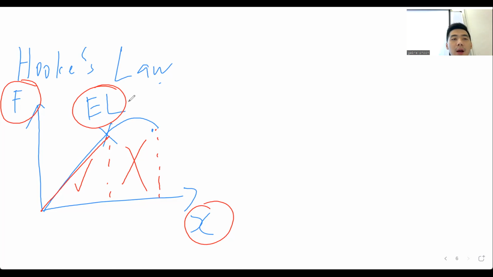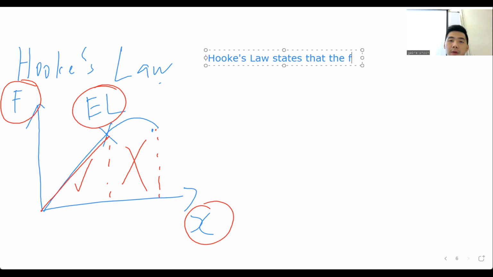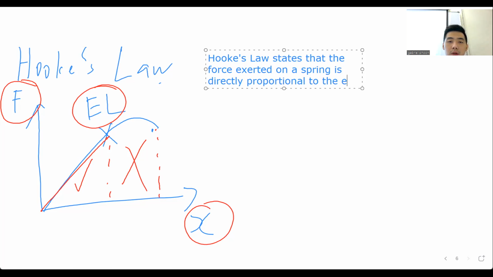So from here, I can start my statement: Hooke's law states that the force exerted on the spring is directly proportional to the extension, provided it does not exceed the elastic limit.